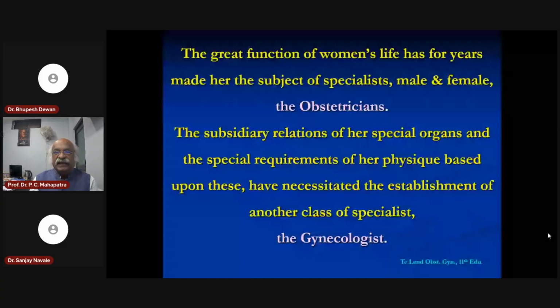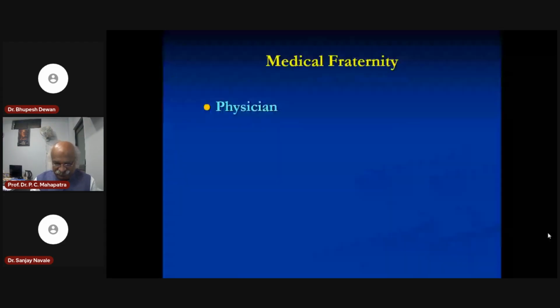Well, the medical fraternity, when we consider, we are all classified as physician, surgeon and gynecologist.